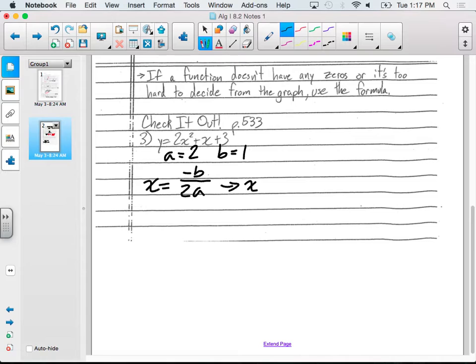So we have x equals, a negative out there by itself, negative 1, over 2 times, substitute 2 in for a. So when we get everything cleaned up, what do we get, Riley? Negative 1 over 4. So we have x equals negative 1 upstairs, 4 downstairs.